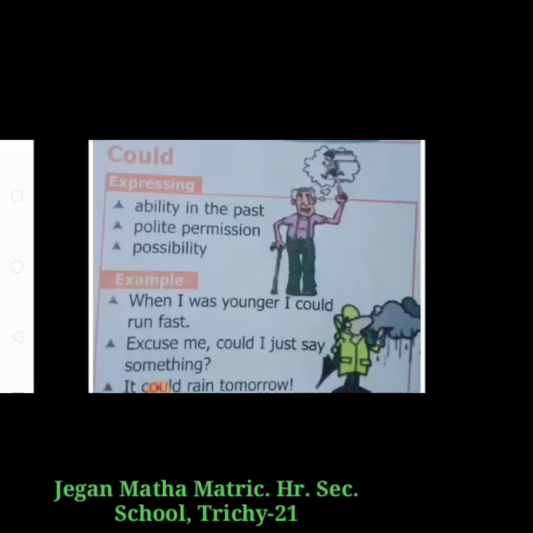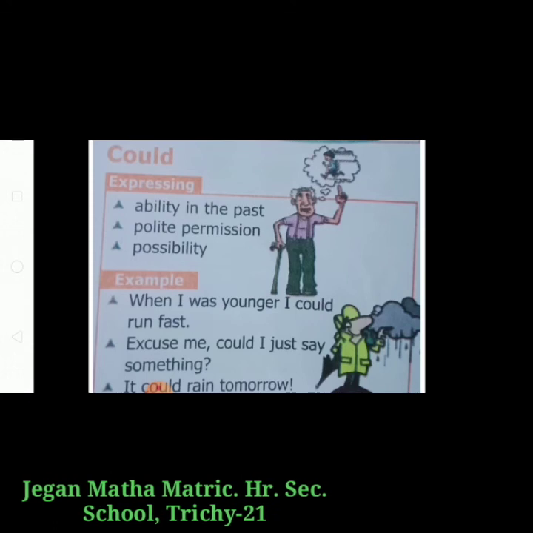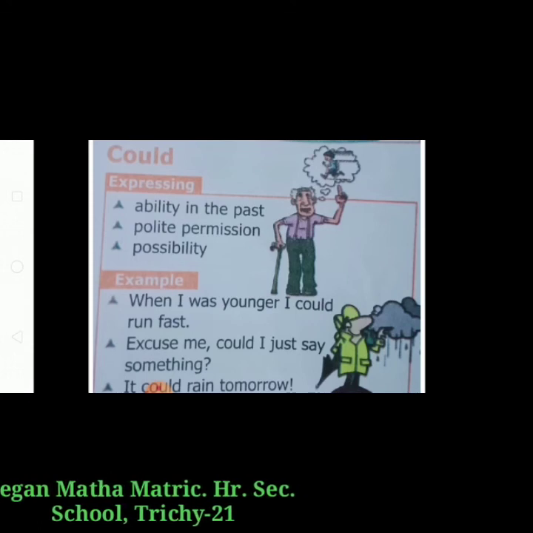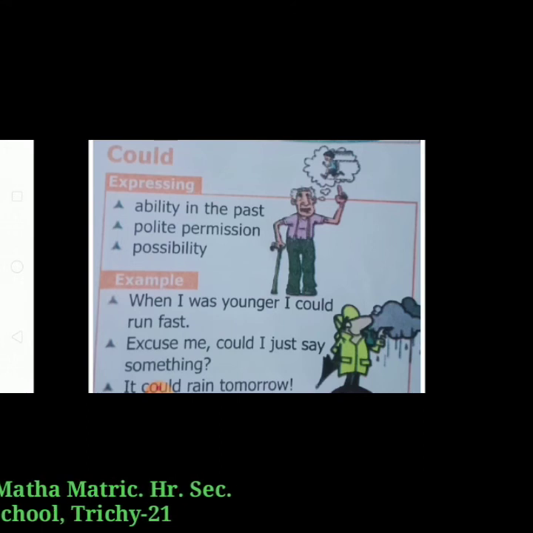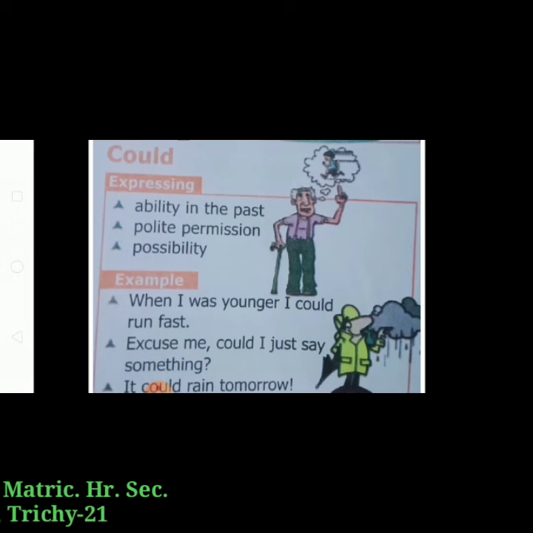And next one, could. Could is the past tense of can. It is used to express ability in the past, polite permission, possibility. Example, when I was younger I could run fast. Excuse me, could I just say something? It could rain tomorrow.